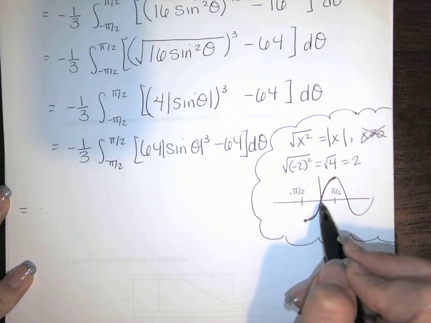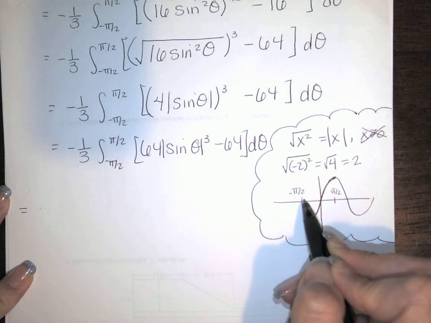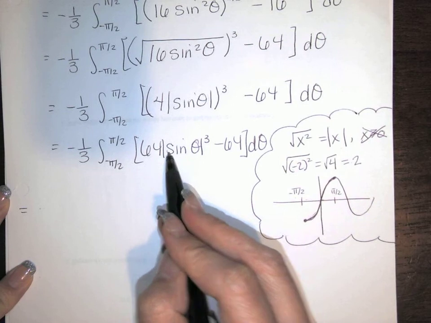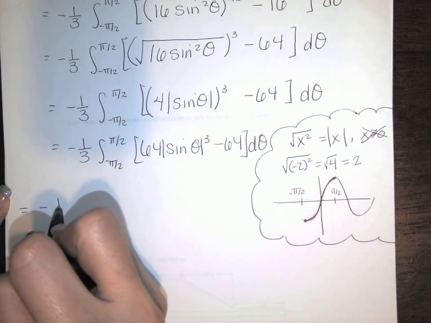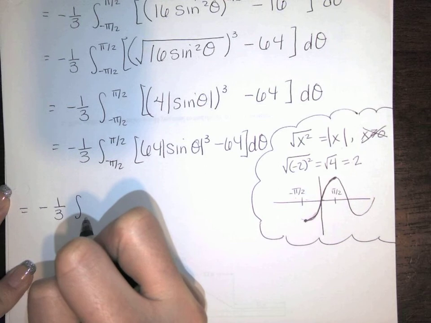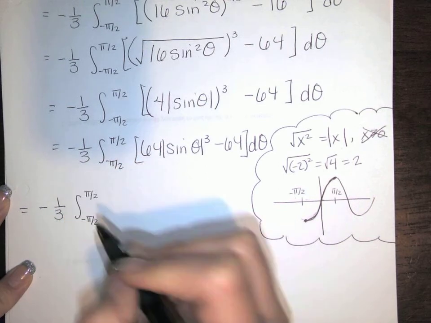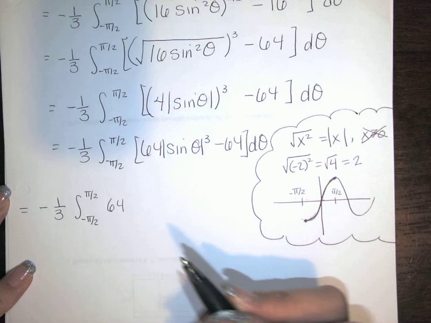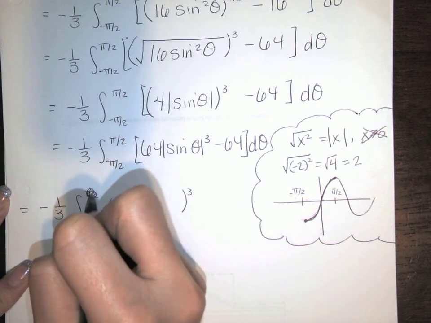Let's say on this interval from negative pi over 2 to 0, sine is a negative number.